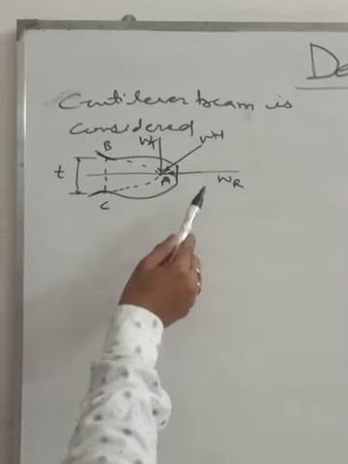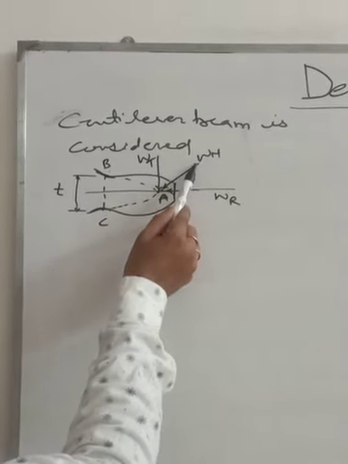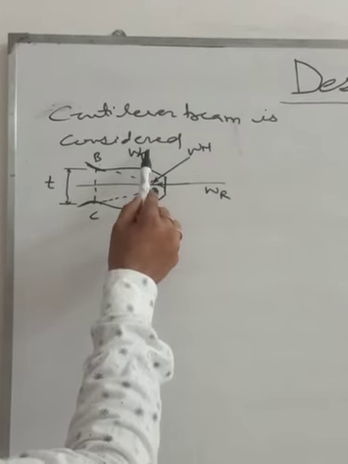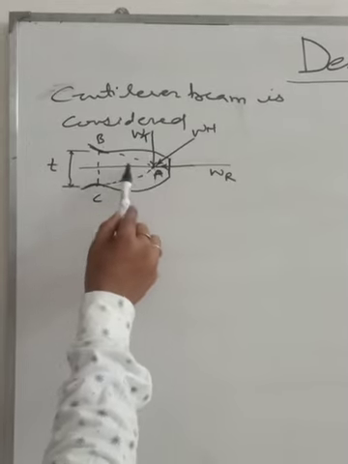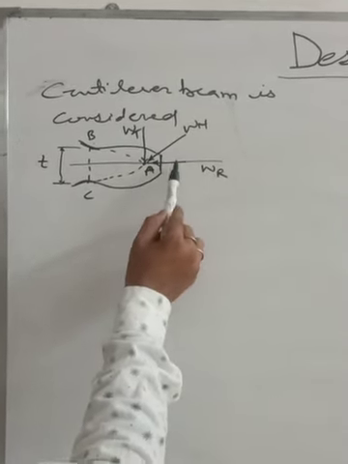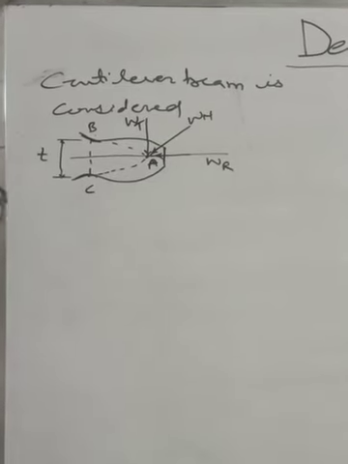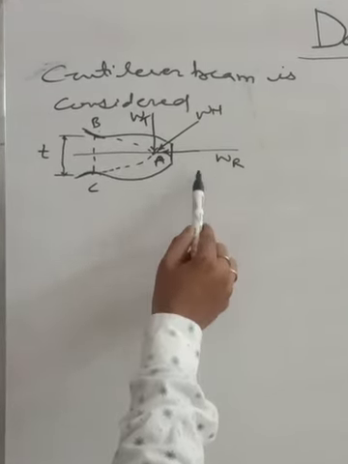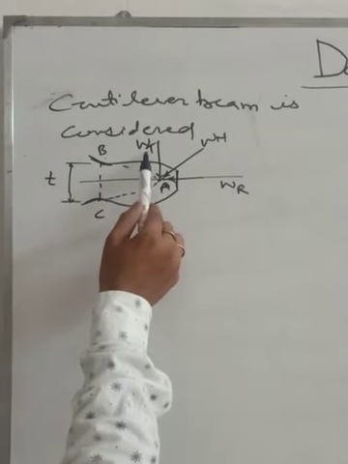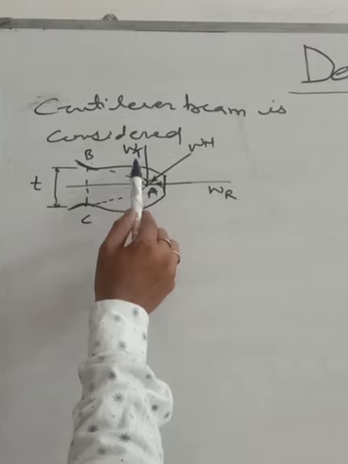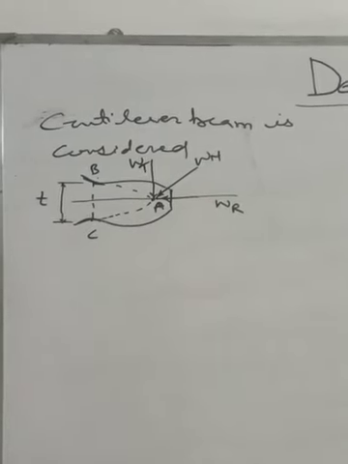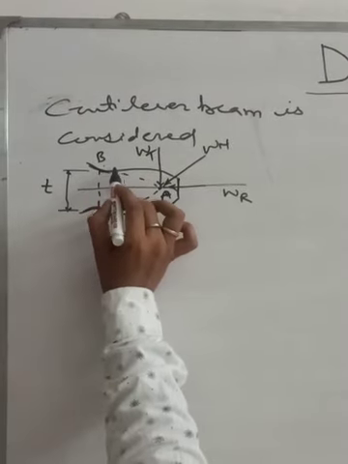The two components of this load Wn are acting, Wt tangential component and radial component. The tangential component provides a bending action in this tooth, and a radial component provides compression or compressive failure. But this compressive failure is negligible. That's why we are only considering the bending failure, or beam strength due to this bending failure of the tooth.